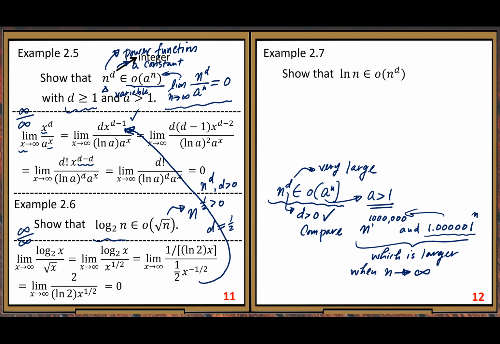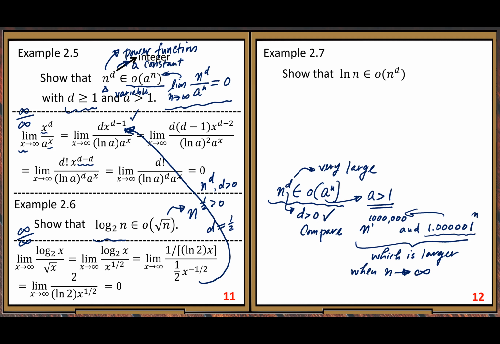For the log part, we use natural log, because the log base is not that important. Log base 2, log base 10, log base any integer number makes not much difference compared with natural log. Natural log is most convenient when we take derivatives.